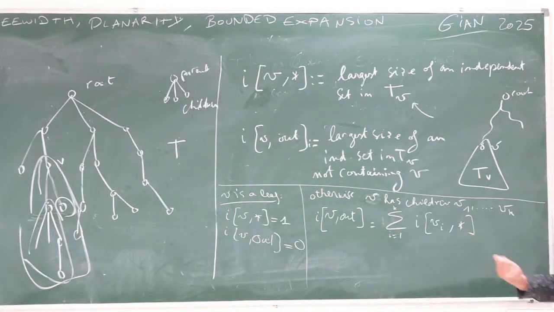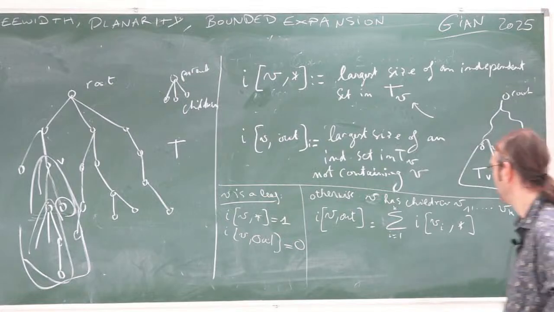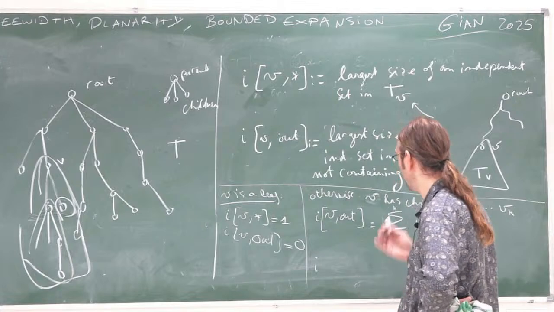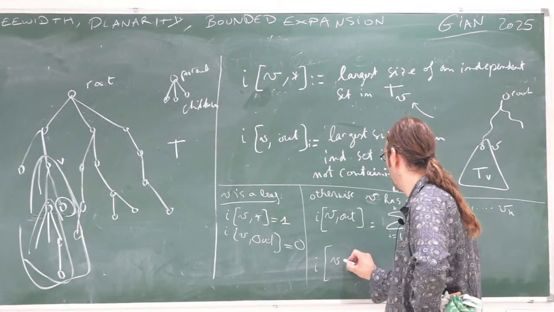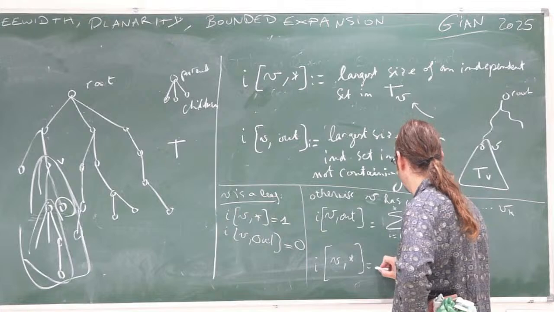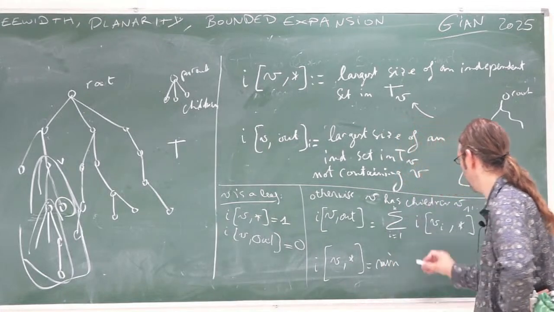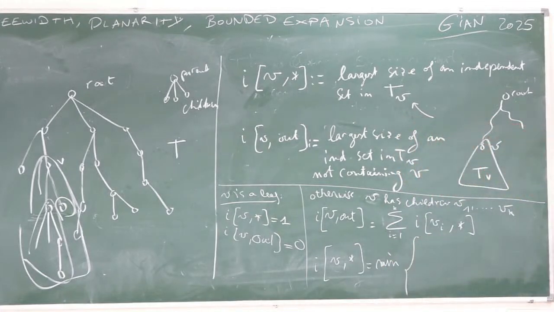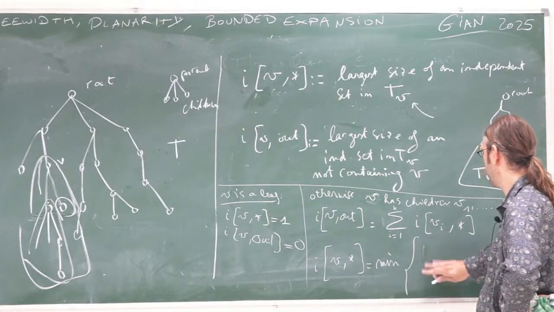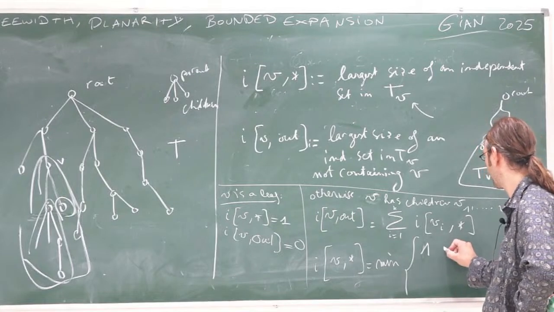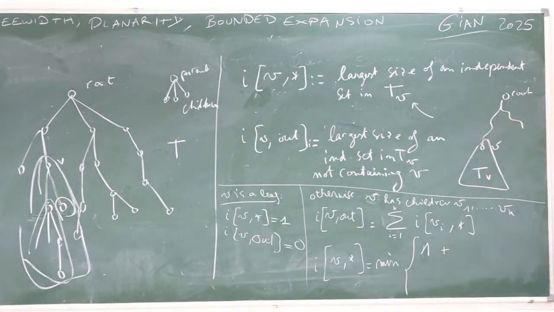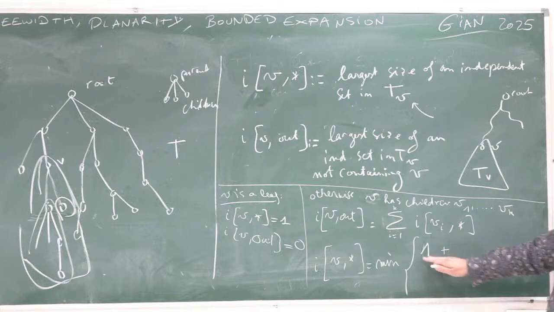But now, for the unrestricted case, I mean now it could be in or it could be out. So now the formula will look like this. There will be two cases basically in my formula. It will be the minimum over two things. So the first is I have taken V. So I'm paying 1 for V. I'm gaining 1.